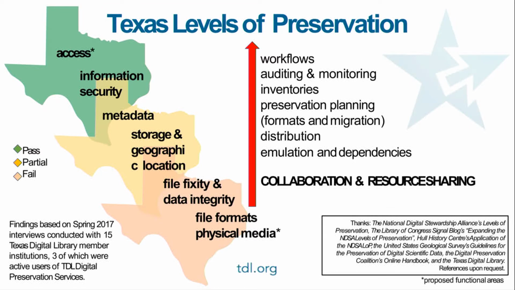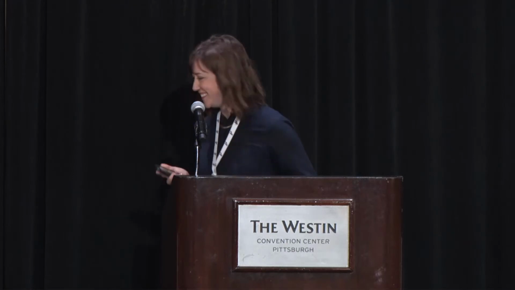Beyond the 5 accepted functional areas of storage, integrity, security, metadata, and file formats, I followed Hull University Archives' example and included the 2 extra areas that have been proposed: access, proposed by the Library of the University of California, and physical formats by the United States Geological Survey. My poster illustrates where Texas institutions fall in the 4-level framework, which I intend to use to guide collaborative efforts in Texas and to revisit annually. Next slide.